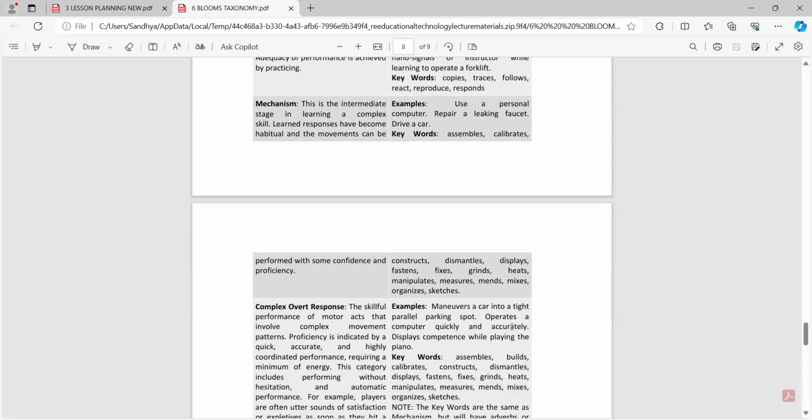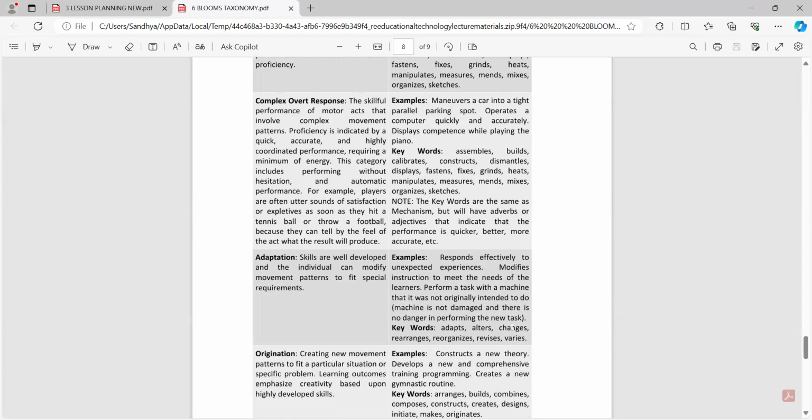And then complex overt response. Now they are skillful in their performance. Now they dance like the teacher, very skillful and all that. Sometimes they do better than the teacher. But later on, adaptation and origination both can be taken together in a way.